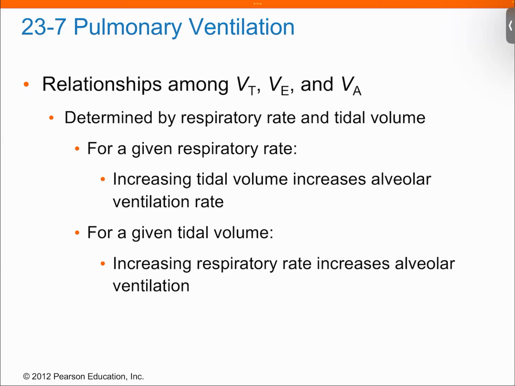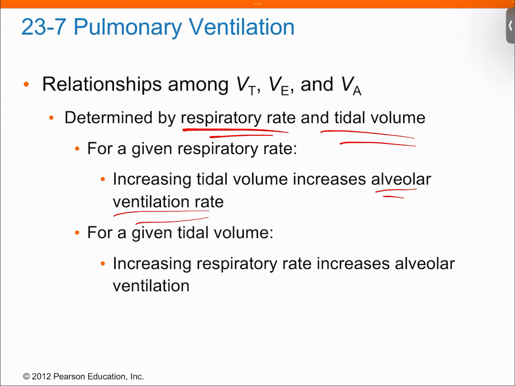Basically, all of this is going to be determined by obviously your respiratory rate and the amount of your tidal volume. Or your tidal volume you can change. You can breathe in more, you can breathe out less, that sort of thing. And so you can increase your tidal volume. And if you increase your tidal volume, obviously you're going to be increasing your alveolar ventilation rate. You're going to be bringing in more oxygen, more air into the alveolar sacs themselves.